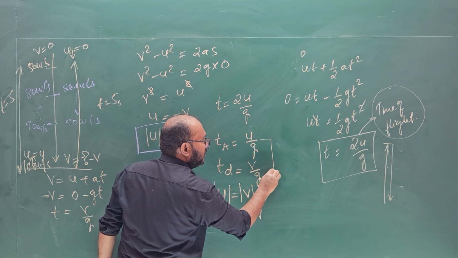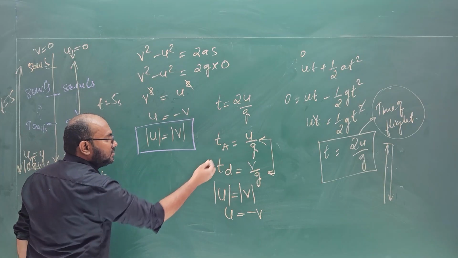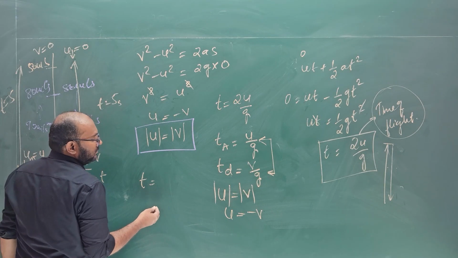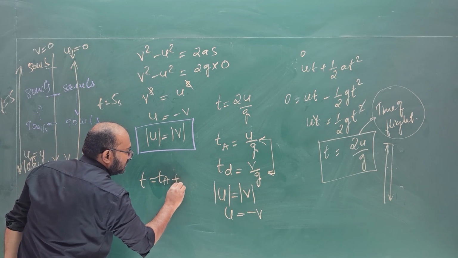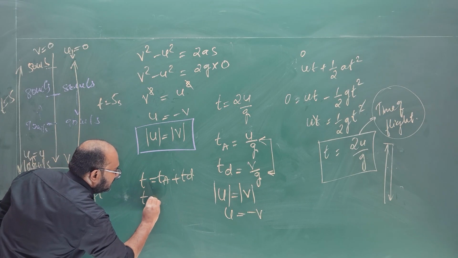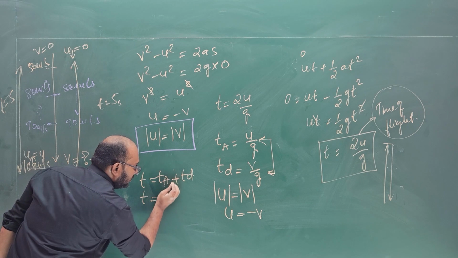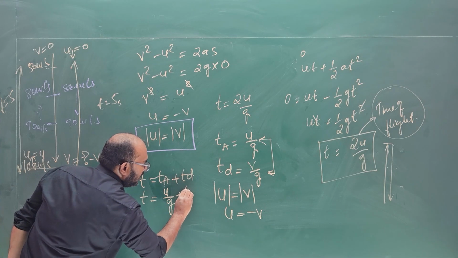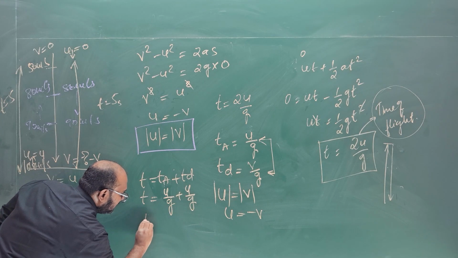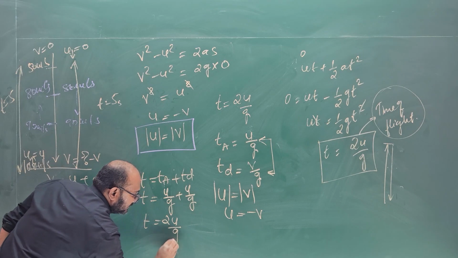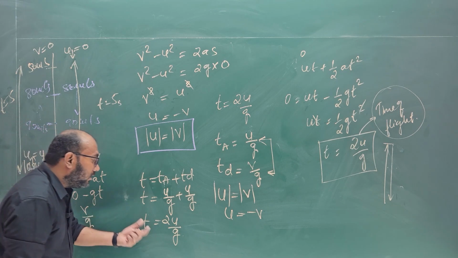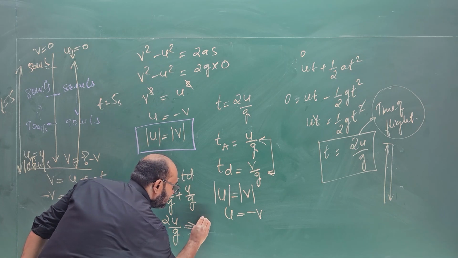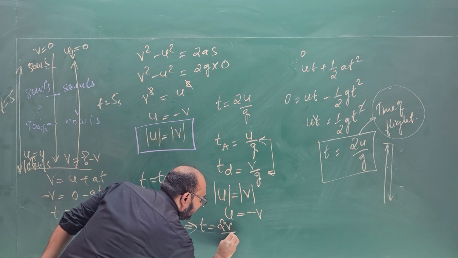Can I say that if both are equal, then if I add these two, total time is equal to time of ascent plus time of descent, that is t is equal to u upon g plus u upon g, that is nothing but 2u upon g. Or can I also say that t is equal to 2v upon g.